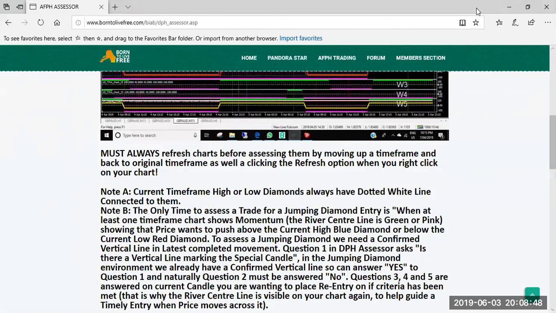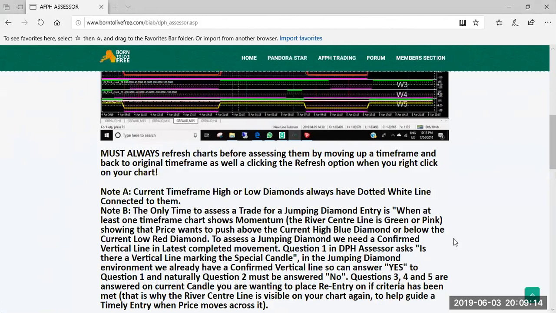Talk a bit slower, sorry. The environment for a jumping diamond is to have a confirmed vertical line marking a special candle that's completed a whole movement.